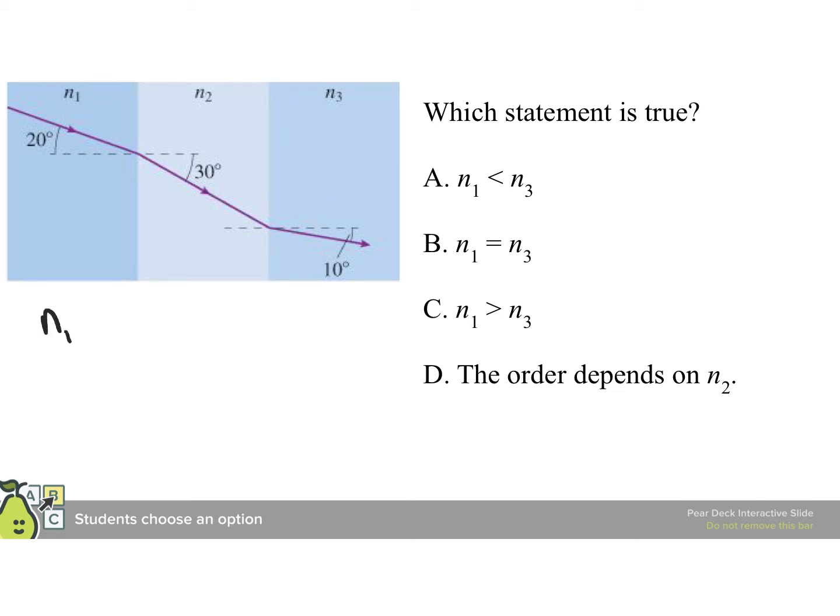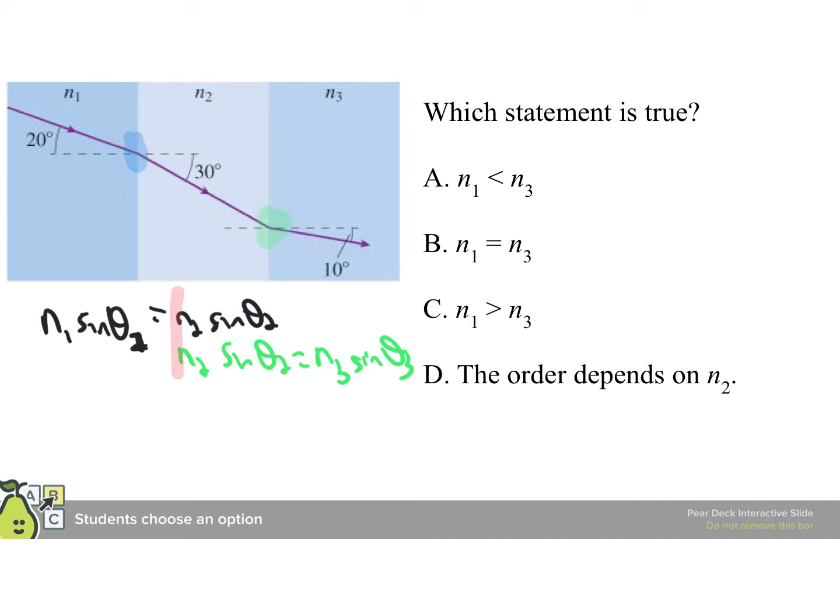Here we go back to Snell's law that N1 sine theta 1 is equal to N2 sine theta 2. That's what's happening at this junction. But we also have that N2 sine theta 2 is N3 sine theta 3. And that's what's happening at this junction.